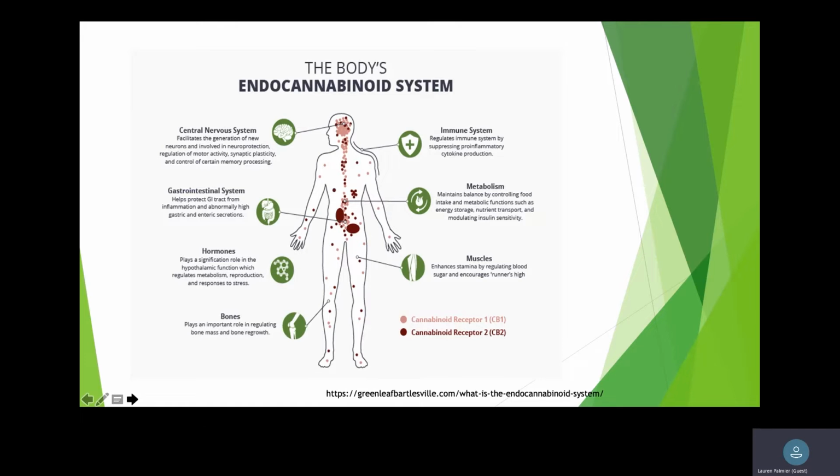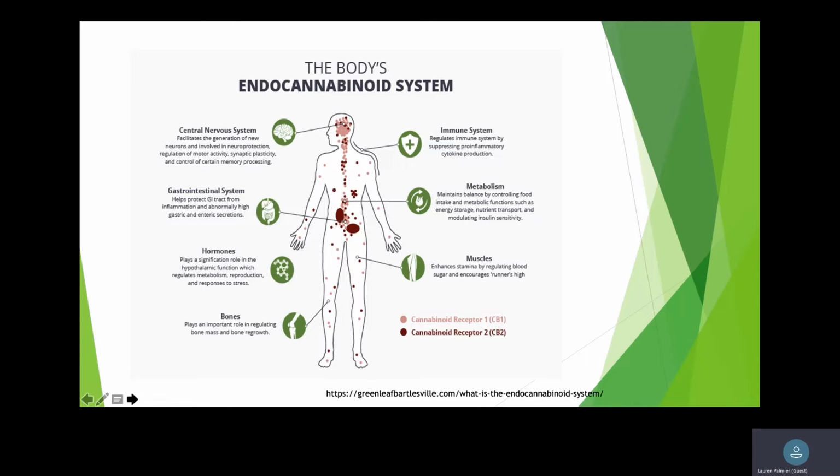So this visual shows common locations in the human body for CB1 and CB2 receptors. The light pink circles represent CB1 receptors, and as we can see, these are located mostly in the brain area. The darker maroon color represents CB2 receptors, which we can see are more located throughout the body, especially around the digestive tract.